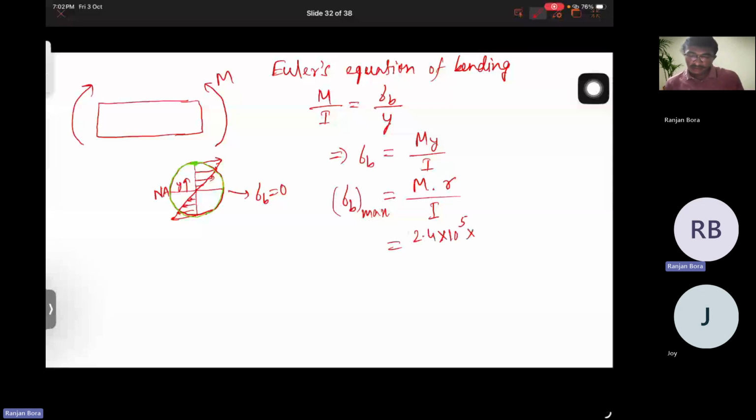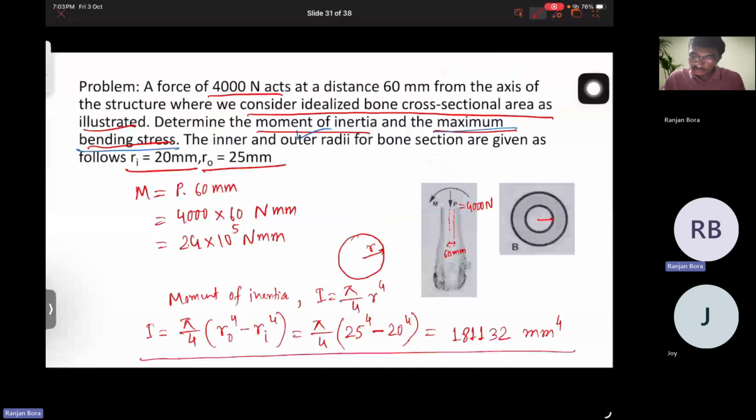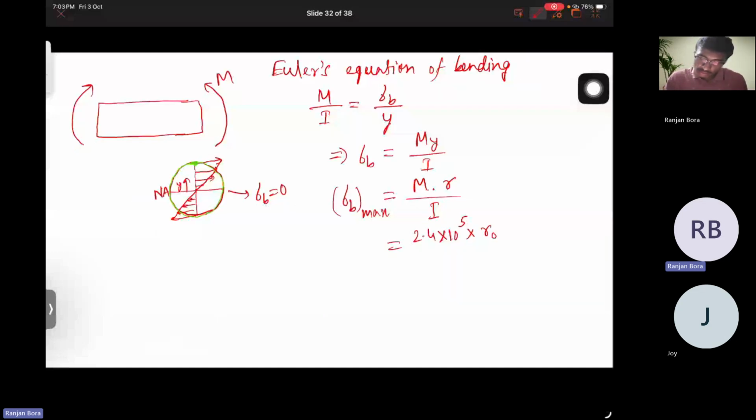Here you can see it is an annular cross section, so the inner radius is r_i and the outer radius is r naught. So the value of y is r naught.